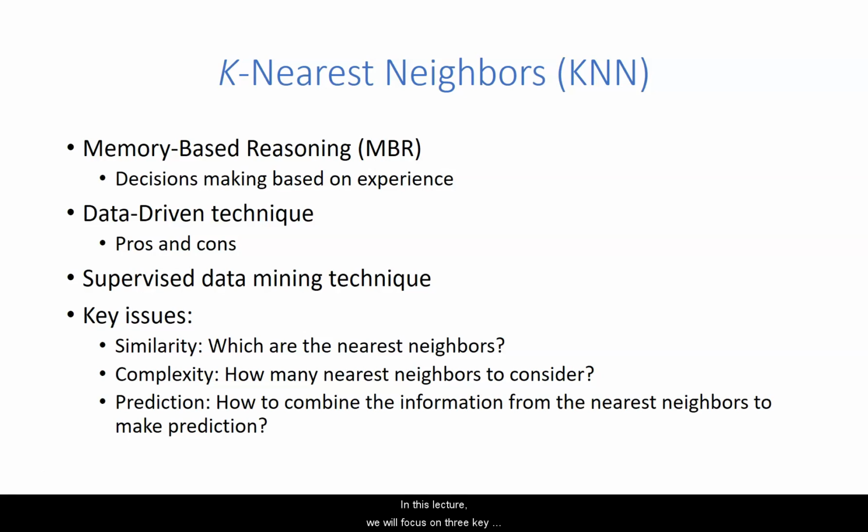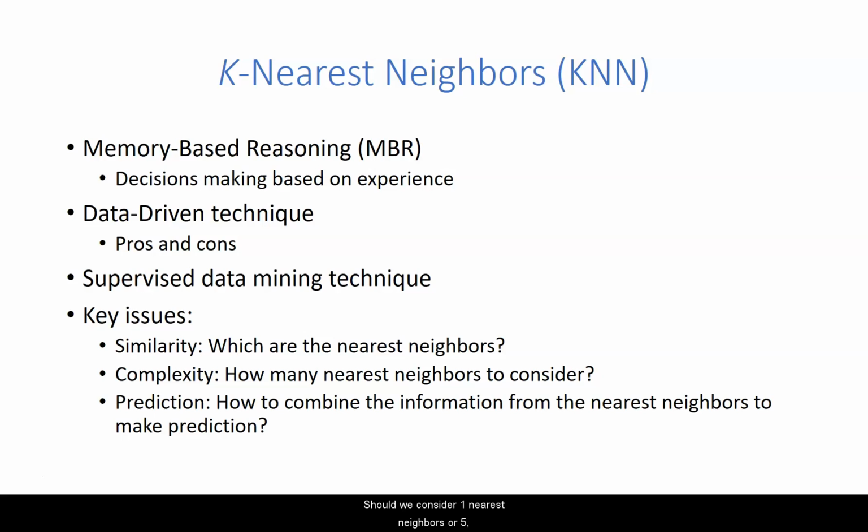In this lecture, we will focus on three key topics related to KNN. First, how to identify the nearest neighbors. This involves the topic of similarity measure that we discussed in previous lectures. Second, how to optimize the complexity of the model. Or in other words, which number should the K be?